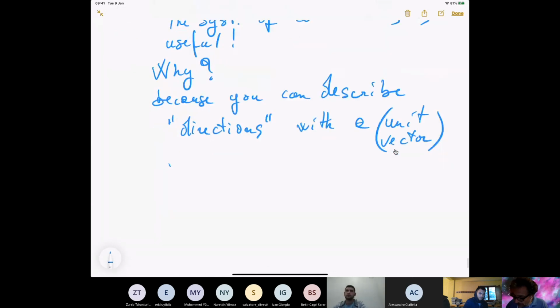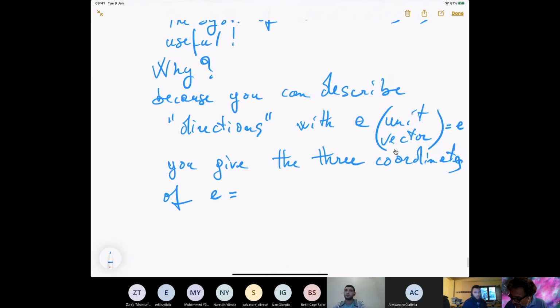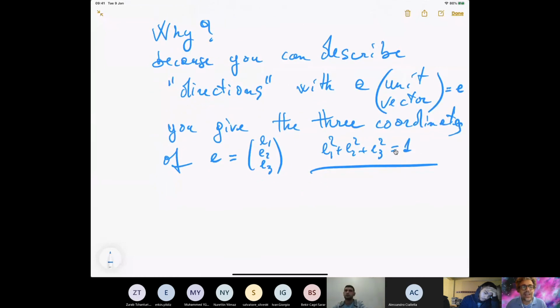So you give the three coordinates of, let's call the unit vector E, so you give E1, E2, E3. You write that E1 squared plus E2 squared plus E3 squared is equal to 1. And you have precisely said what is a direction.